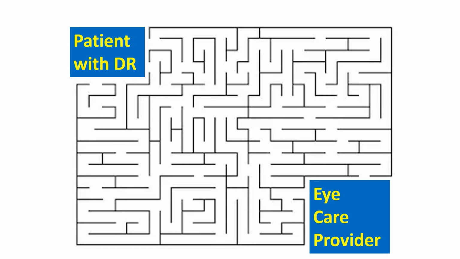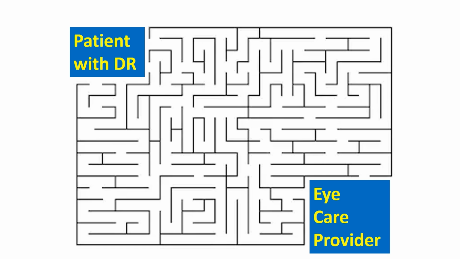Even when patients are referred to the eye care provider, they often have difficulty navigating the health system. The referral service may be ineffective, and the patient may need to visit on multiple occasions before they get the service.